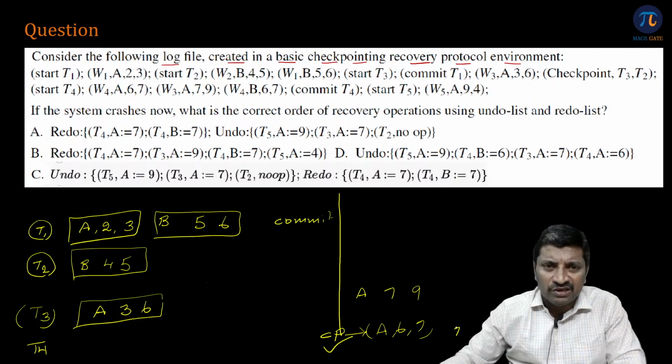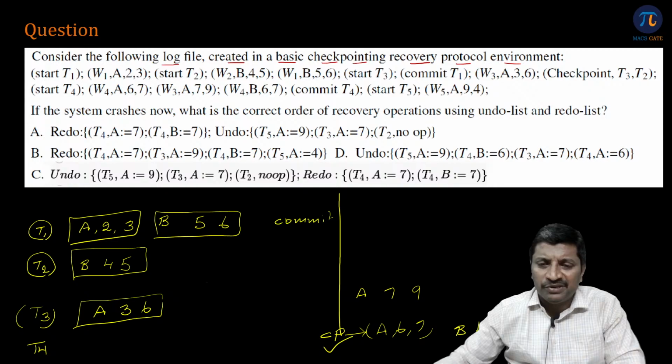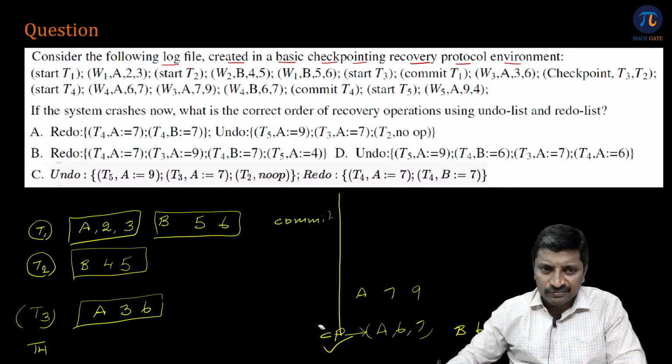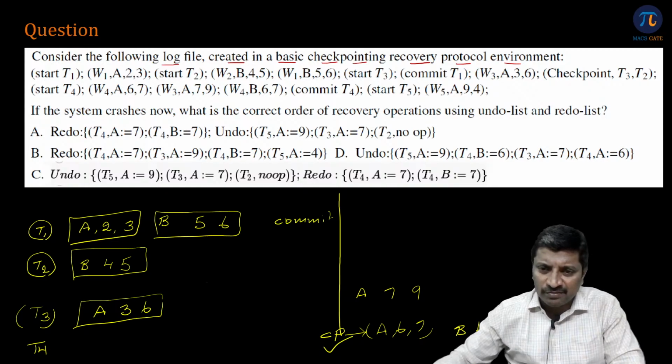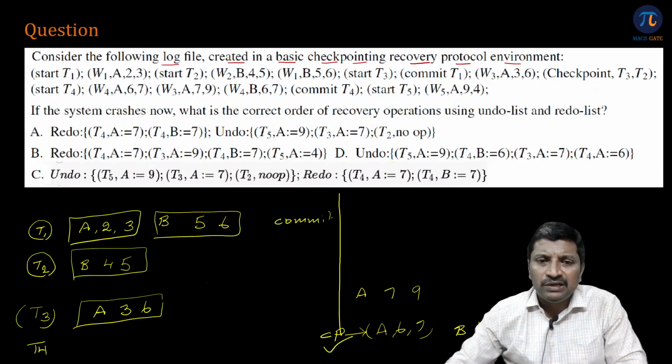Then T4 has B 6 to 7. Then T4 completed. I think it is better to write in the next slide. Okay, let me write it here, sir. It was completed. Fine. Anything else? T5 also started.